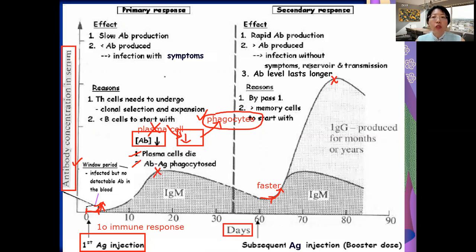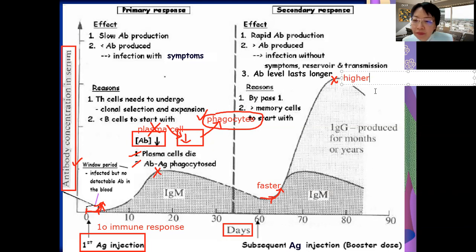So there are 2 features here, or 2 properties here: the rate of secretion of antibody is faster after antigen enters. It takes a shorter time for the antibody concentration to increase, and to increase to a higher concentration.